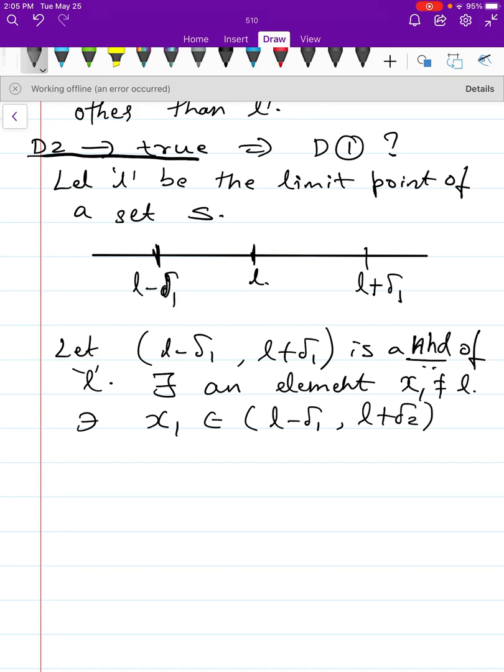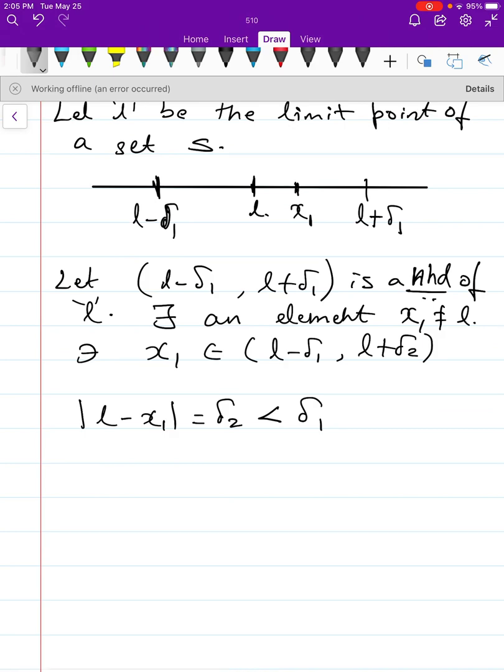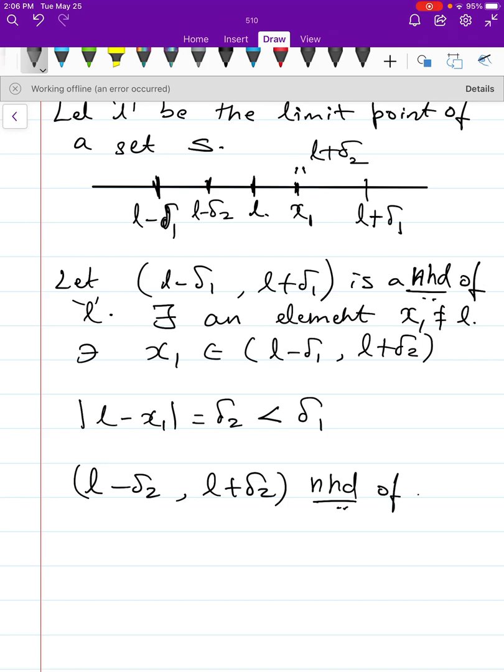Then let me define a distance delta 2, such that x1 is here, so that L minus x1 is delta 2, which is less than delta 1. So we have another neighborhood, L minus delta 2 comma L plus delta 2. That means you are bringing the open interval closer and closer. L plus delta 2 is nothing but x1, which is another neighborhood of L.